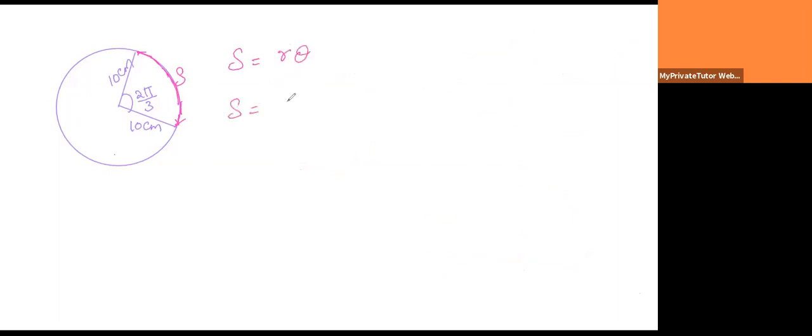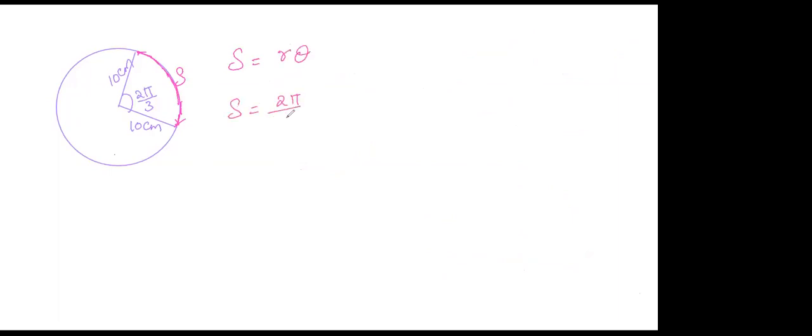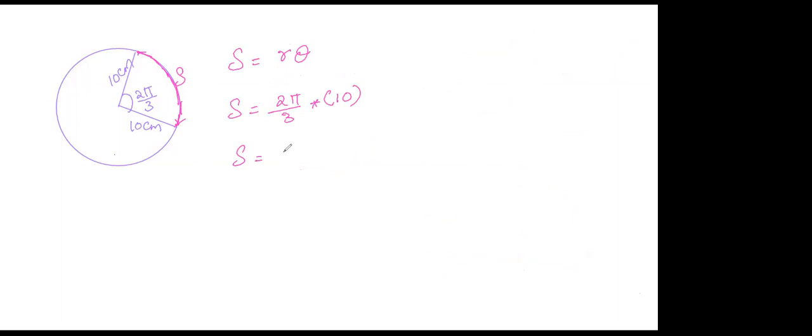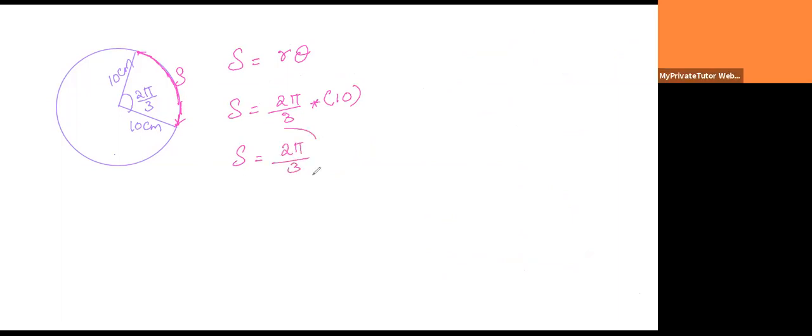So you know the r, which is 10, and the angle is 2 pi by 3. Sorry, I have written it the other way around, but that's fine. So you get 20 pi by 3. You understand?